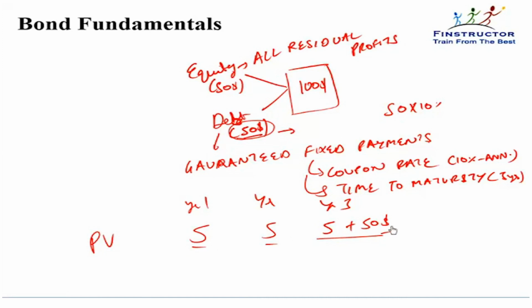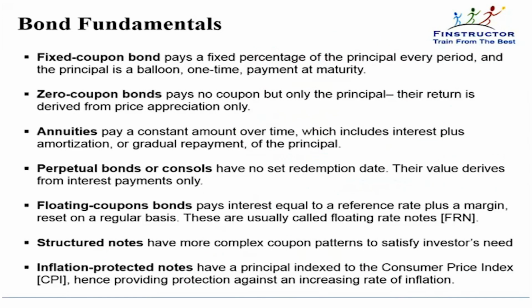These cash flows are fixed. However, the interest rates in the economy keep changing. Let's assume there is a constant interest rate across maturities. So 1 year, 2 year, 3 year, all rates are the same. Let's call them R. Then the price of the bond, or the present value of the bond, would simply be the discounted back value of all cash flows expected from the bond. So that's the principle behind bond valuation. We'll study that in a little while after we understand the different types of bonds.